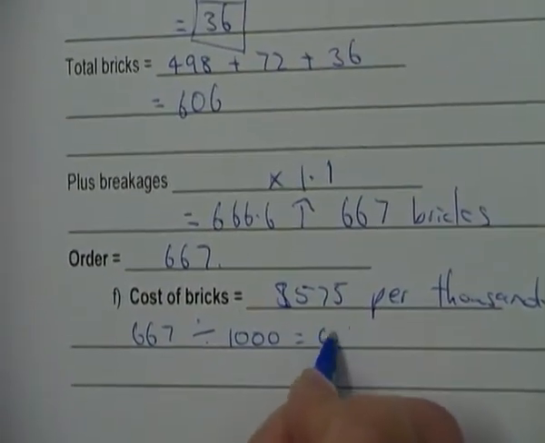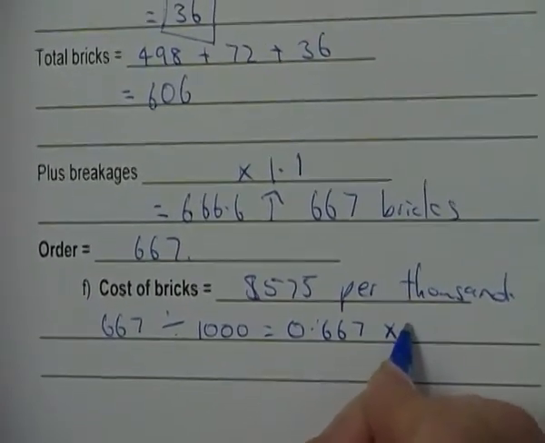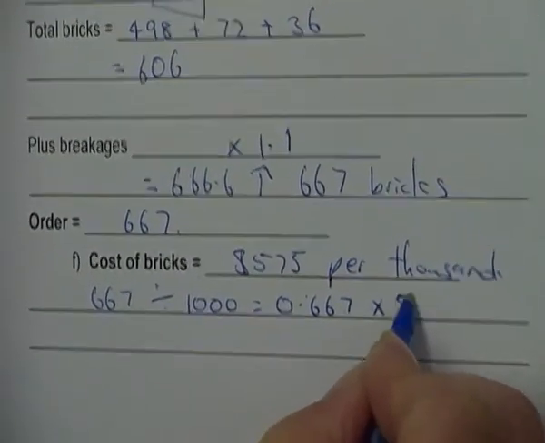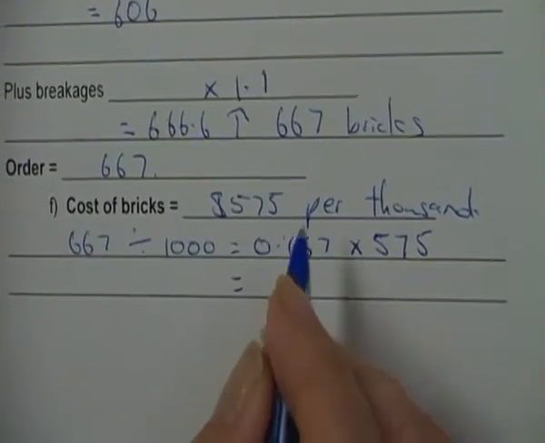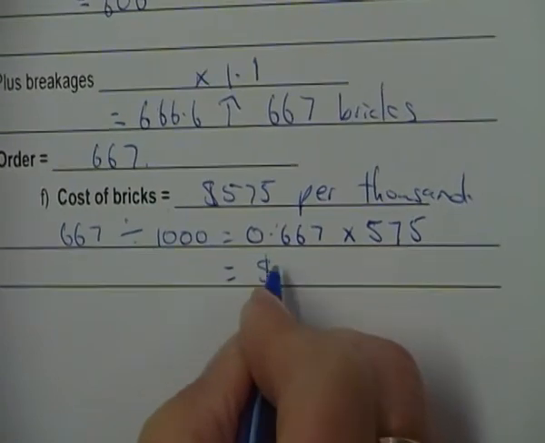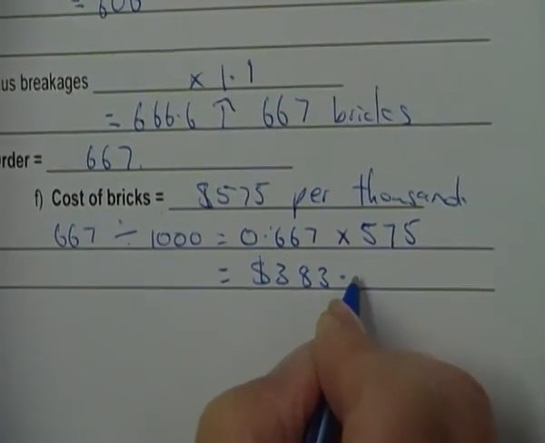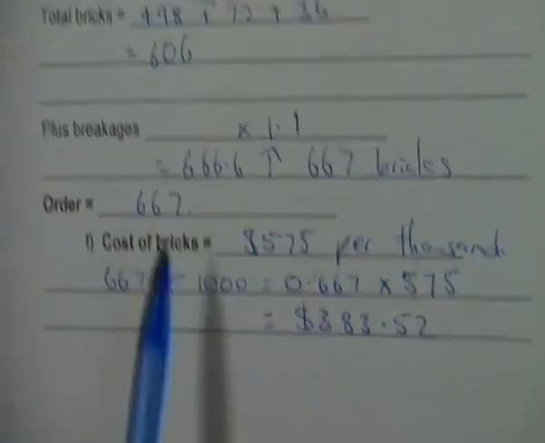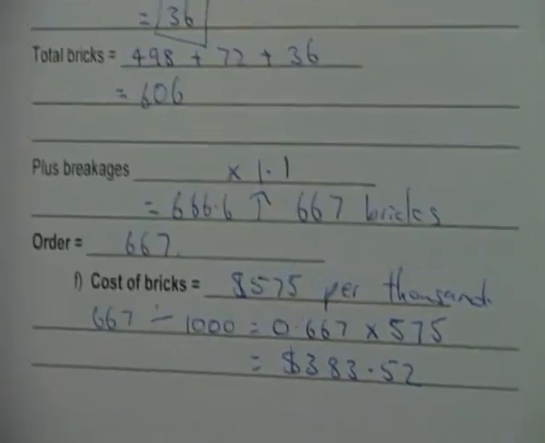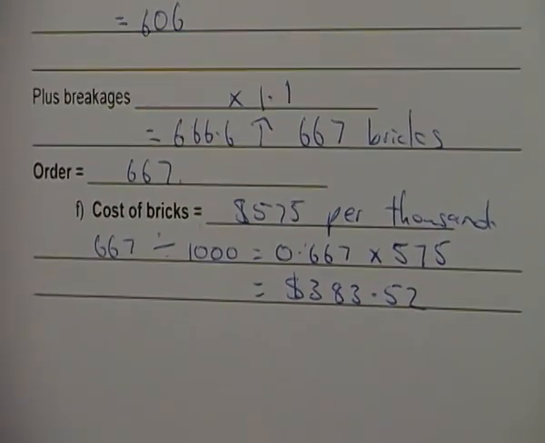And that gives me 0.667 times 575 equals, that's going to give me $383.52. Now you may get a brick difference, that's okay, just depends where you're rounding up.